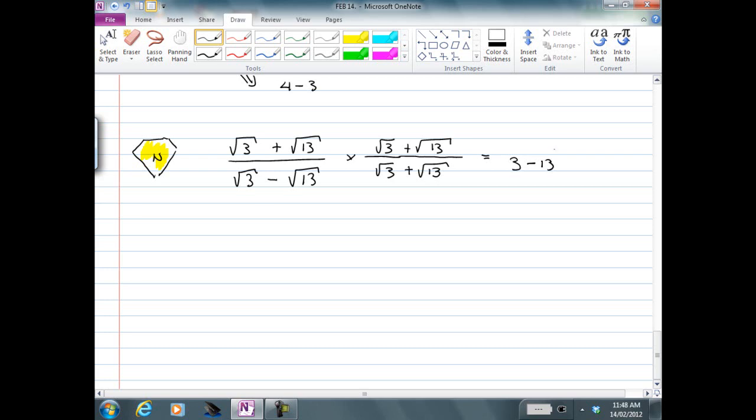Because if you expand this out, root 3 minus root 13 times root 3 plus root 13, remember, when you do the conjugates, really it's just this part squared minus that part squared. So root 3 squared is 3, minus root 13 squared really becomes 13, because the square root and the squared cancel out.